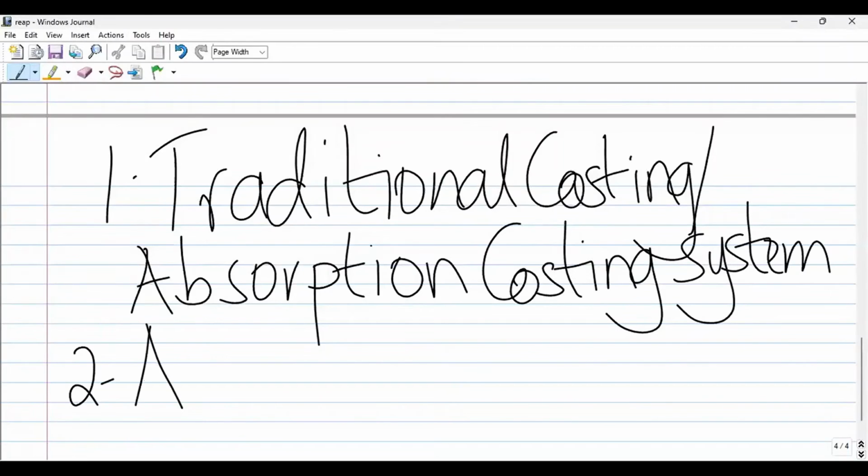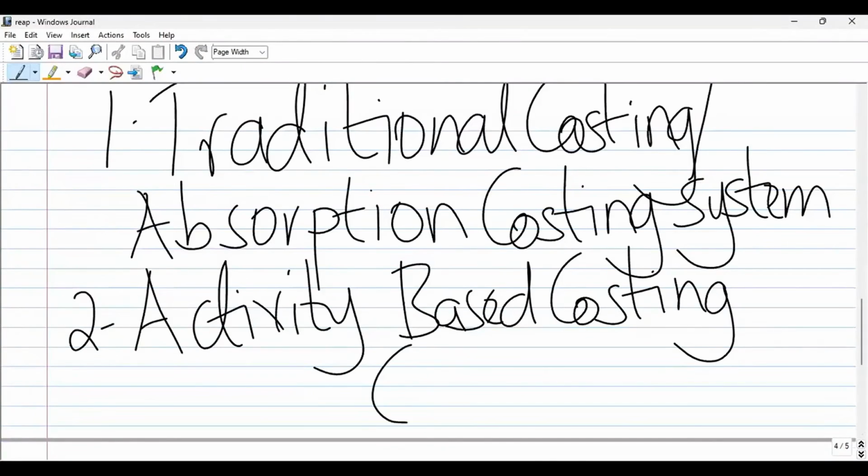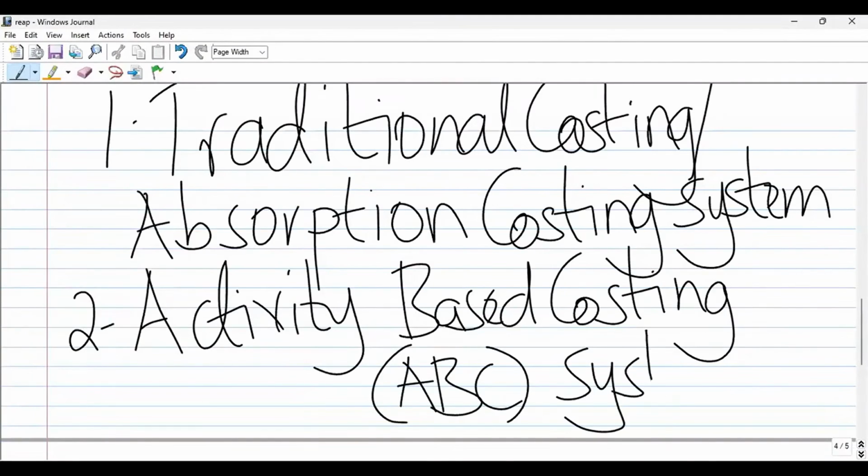Then two, activity-based costing, brackets, ABC system.